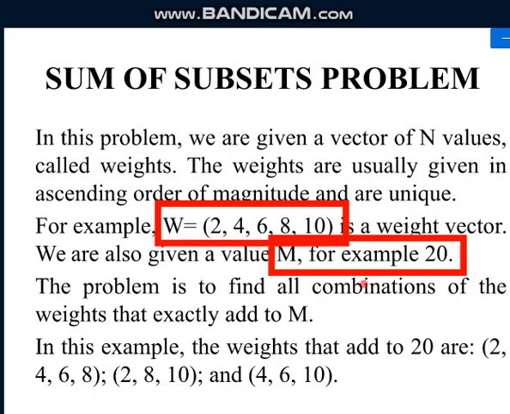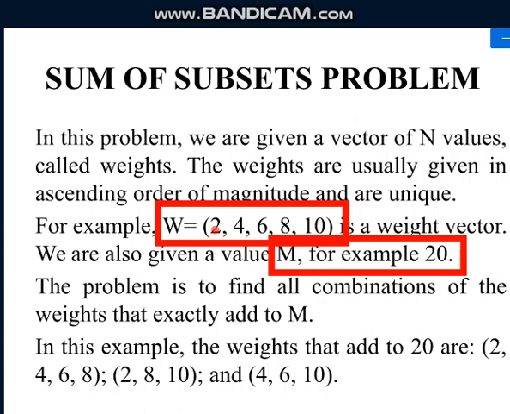If we consider this example, can you tell me what the solution is? What is the value of m? The value of m is 20. So what are the values in this set which give you the sum as 20? If you consider 2, then 2 plus 8 plus 10 will give you 20. 2 plus 8 is 10, 10 plus 10 is 20.